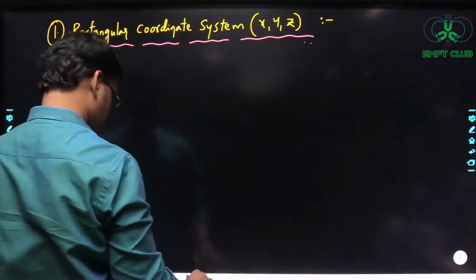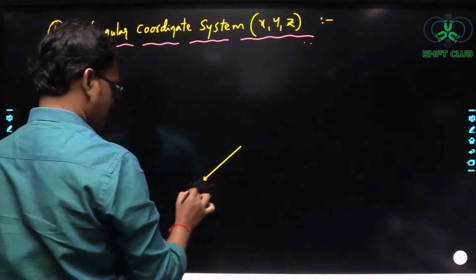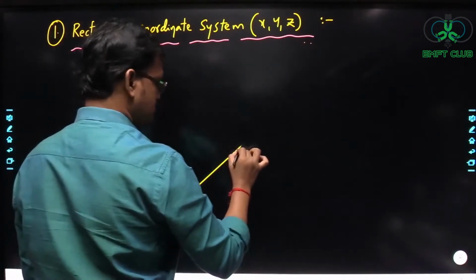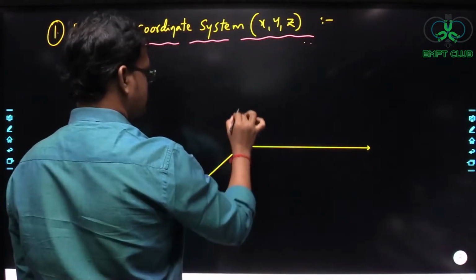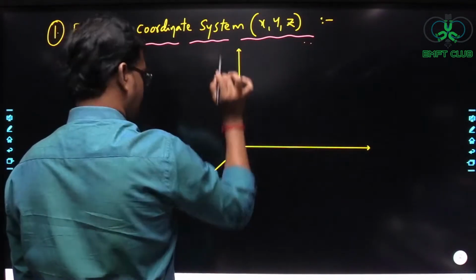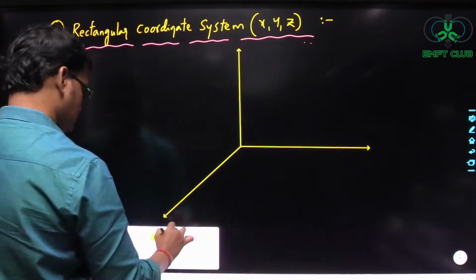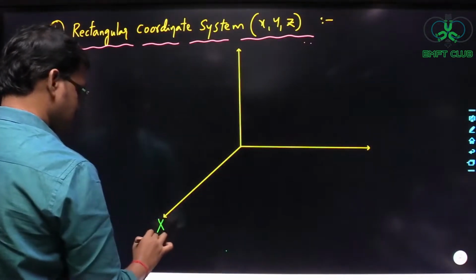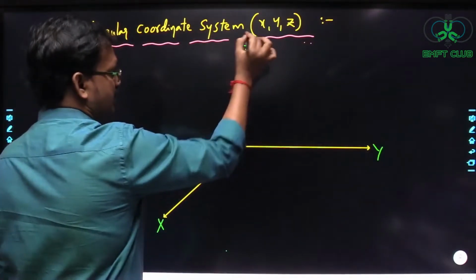Okay. So here I am drawing the three coordinate axes. Let us say this is the x axis, this is the y axis, and this is the z axis, right?